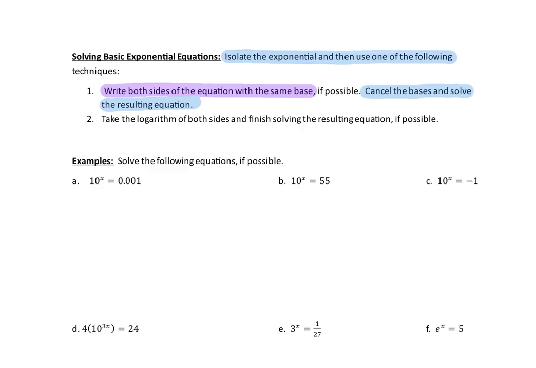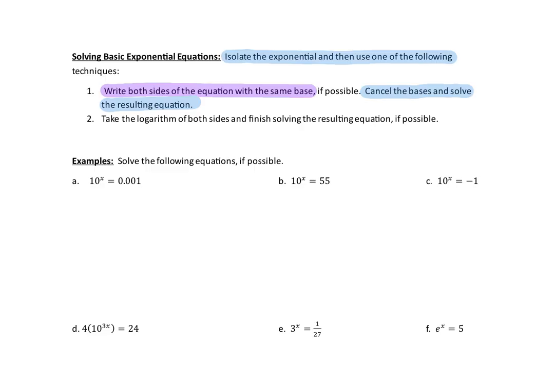Now, it is possible that you cannot write with the same base. If you cannot, then just like when we talked about how to get rid of a square root, you square it, and how to get rid of a square, you square root, well, we already know what the opposite of an exponential is. It's a logarithm.